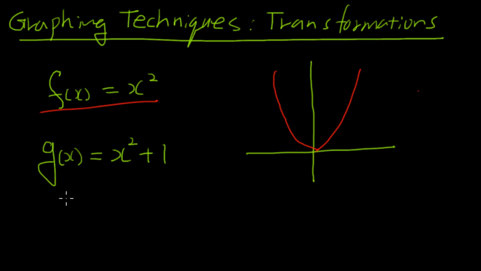Let me ask you a few questions. Why not f of x? Why did we change this to g of x? The reason is that we are dealing with a different function now. Remember, this is just a name.